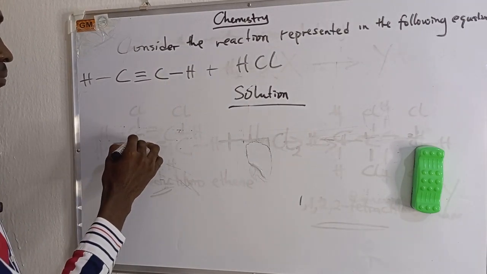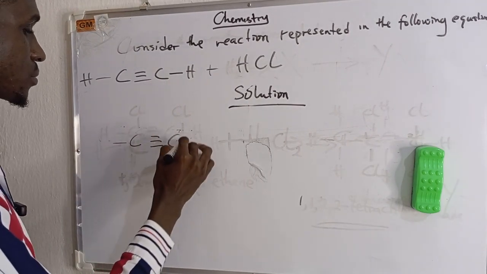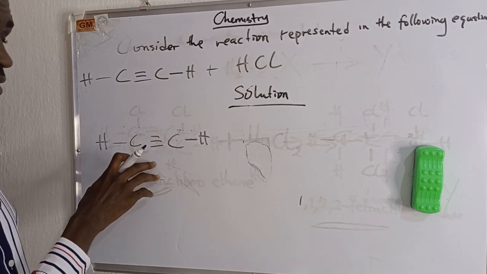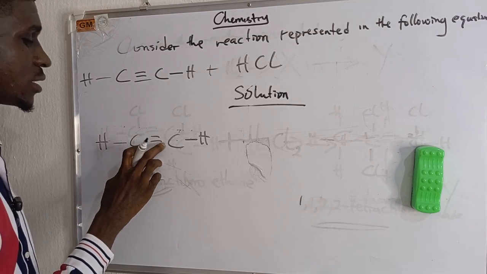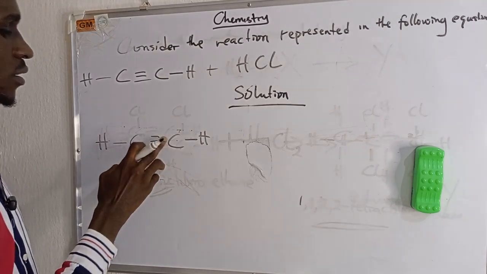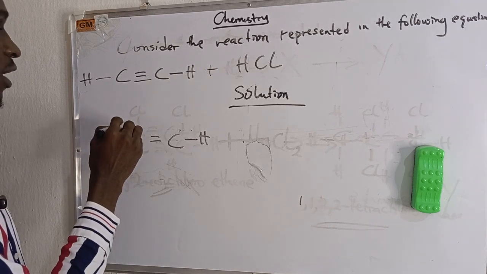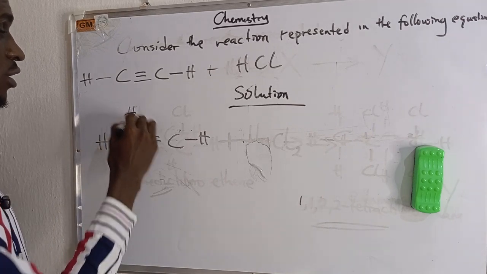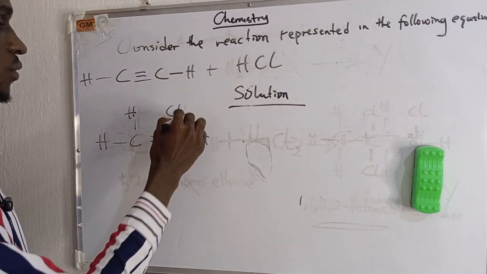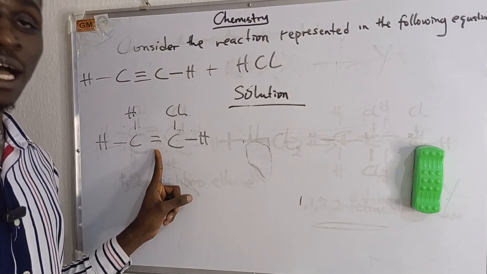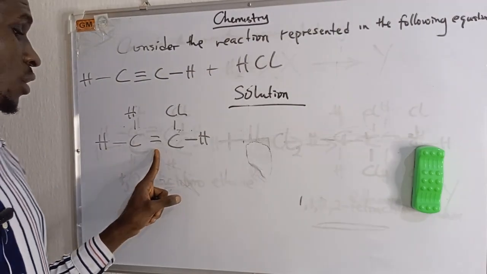Let's see what will happen here. We have this. This is our original ethyne. Now, when you break one pi bond, you will be having H here and chlorine here. Now, this is still unsaturated because it has a double bond. All right.